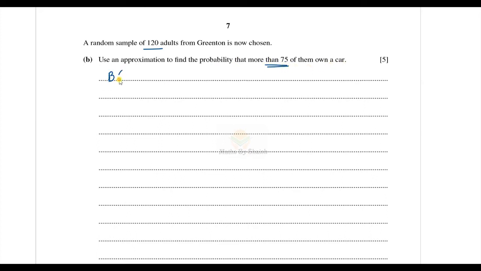Earlier it was binomial n, p, now we'll approximate it to the normal distribution with mu, sigma squared, where mu is the mean and sigma squared the variance. So let's find mu and sigma. Mu is np, which is 120 into 0.7, and that is 84.